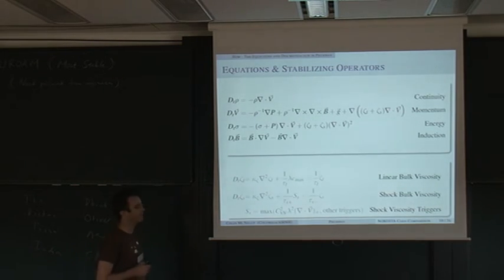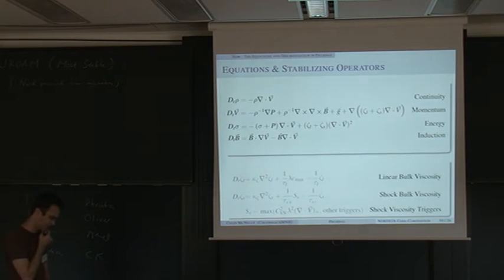Now, the thing is that I don't have a grid scale, delta X per se, to tie these to. What I have is this continuously changing in space and time resolution parameter lambda. So what I do is I introduce some auxiliary fields.